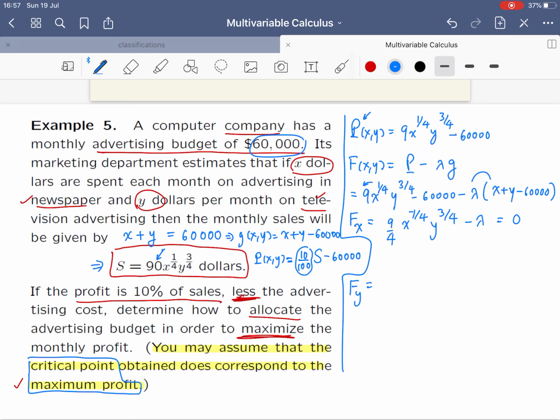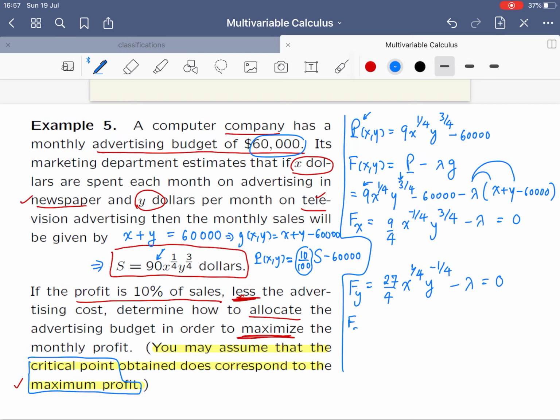Your f sub y is 27, because you got a 3 over 4, and then x to the power 1/4 and y raised to the power negative 1/4, minus lambda, equals 0.